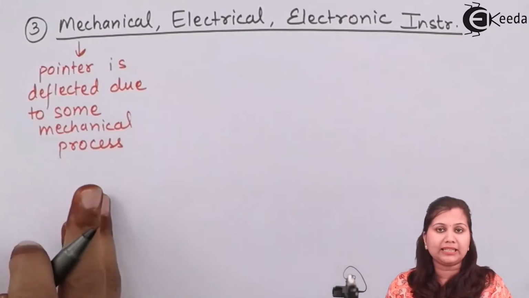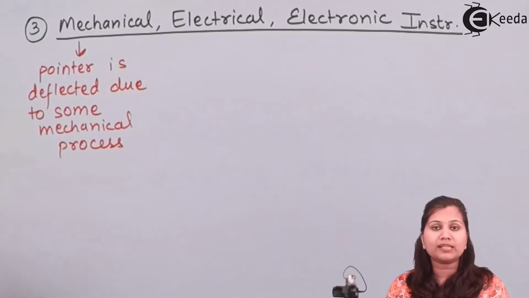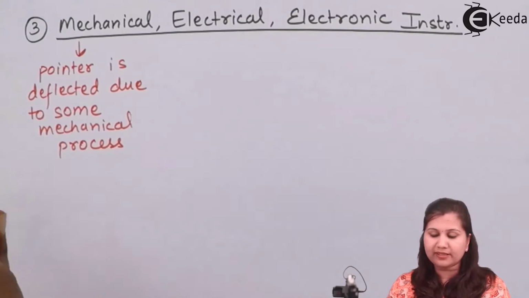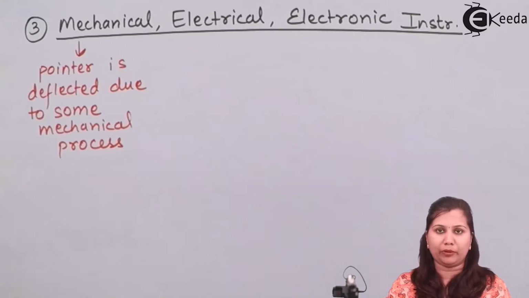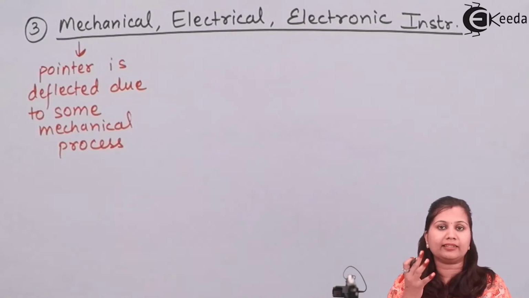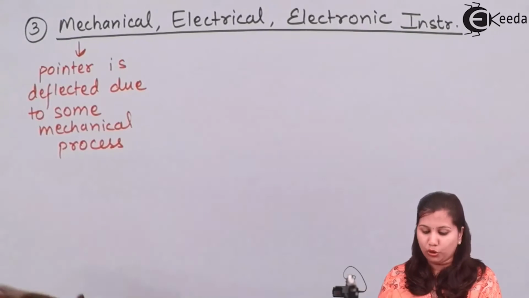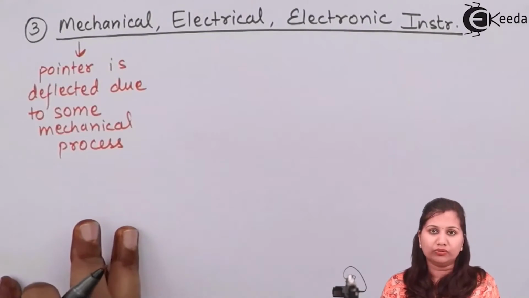Now these mechanical instruments are somewhat heavy because mechanical parts are involved in them, and because these mechanical parts are very heavy, friction is caused between these parts. So these instruments are very slow in process. The pointer is deflected very slowly, and the deflection for taking readings from the instrument is very slow. So they are slow in their working.